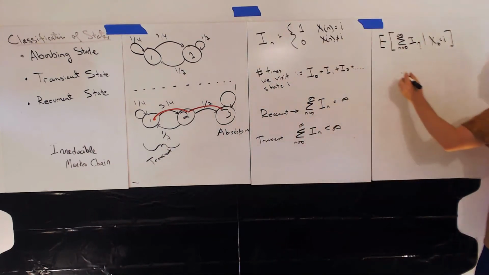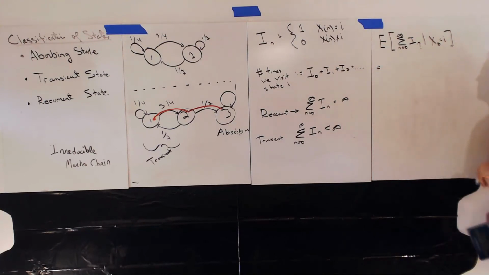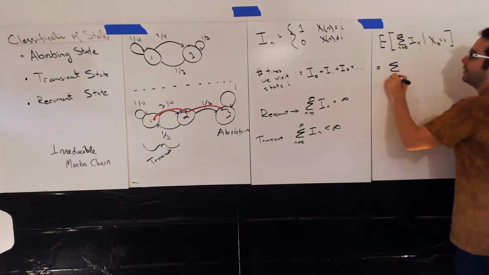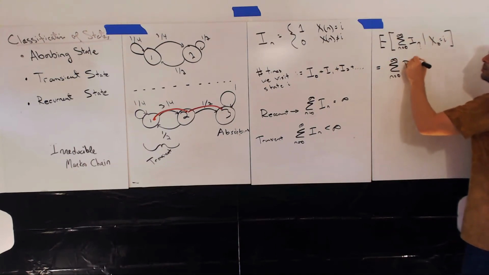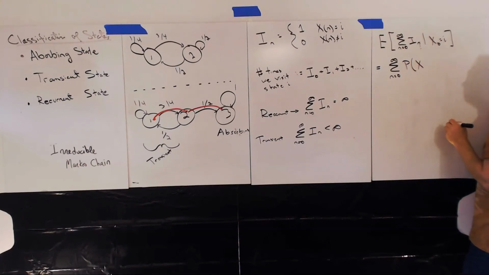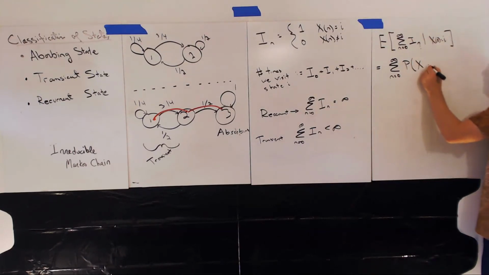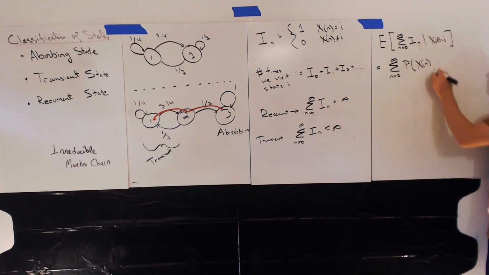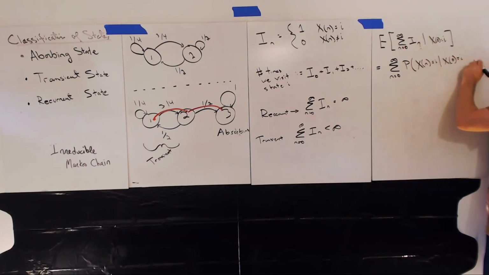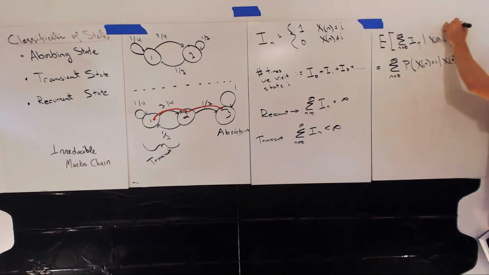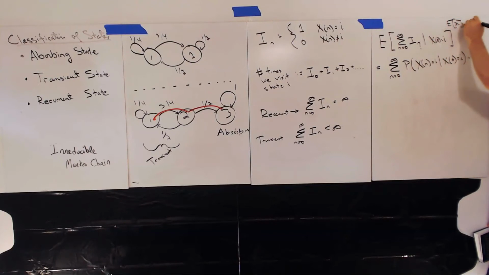So we can rewrite this expectation as a probability, because expectations are just probabilities. That is given by the summation from n equals 0 to infinity of the probability that x, sorry, I changed notation here, this should be x subscript n, at time step n is equal to I, given that x of 0 is equal to I. Now, the reason we can do this is that the expectation of a random variable is just the summation of x times the probability of that, right?